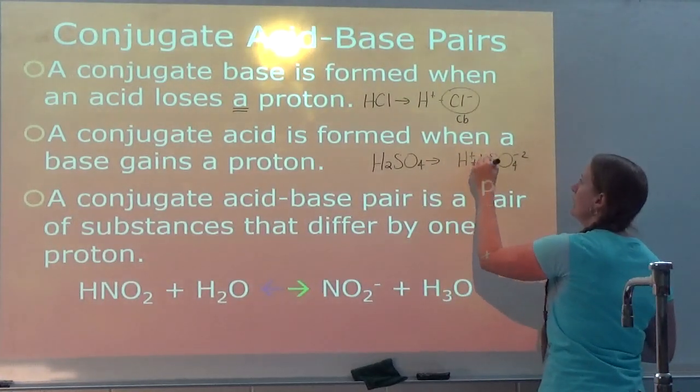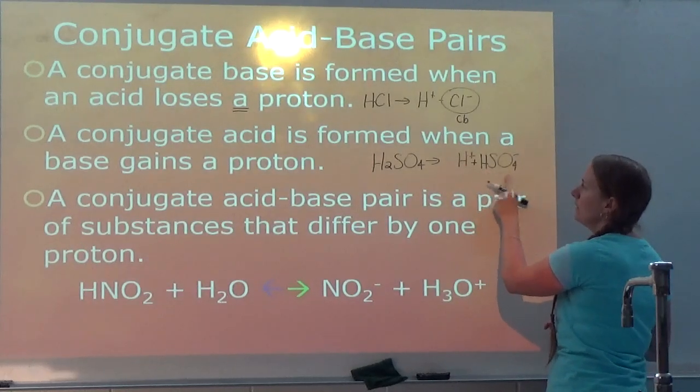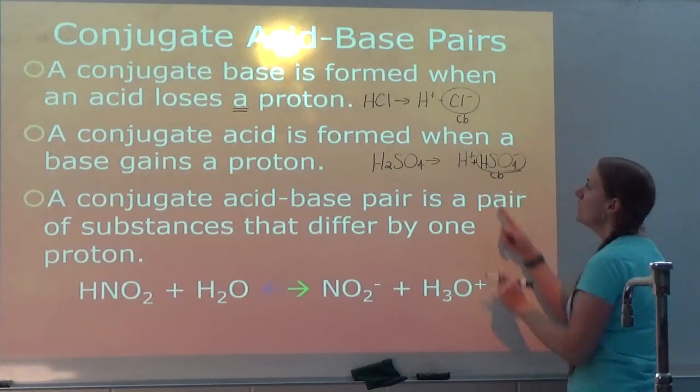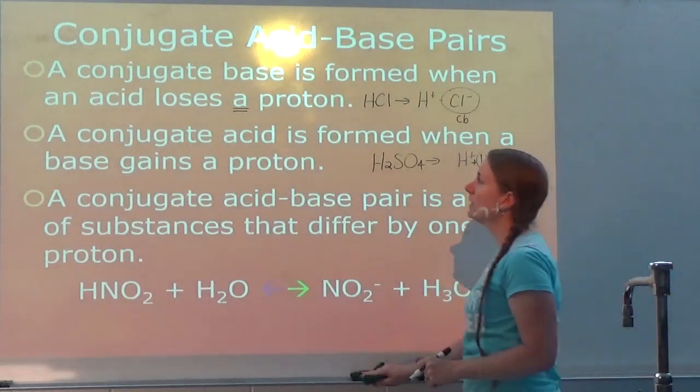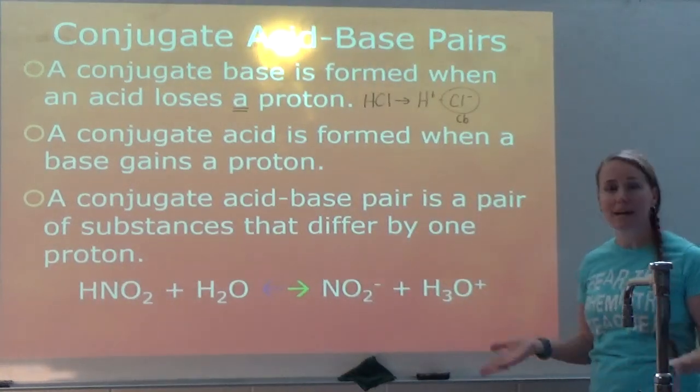So it would be a conjugate base if we did this. We have 1 H+ and then the hydrogen sulfate ion right here. This would be a conjugate base. So you can only lose 1 proton. All right, and then a conjugate acid is formed when a base gains a proton.